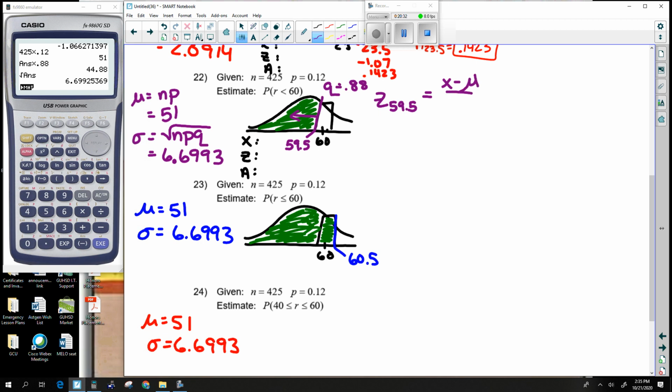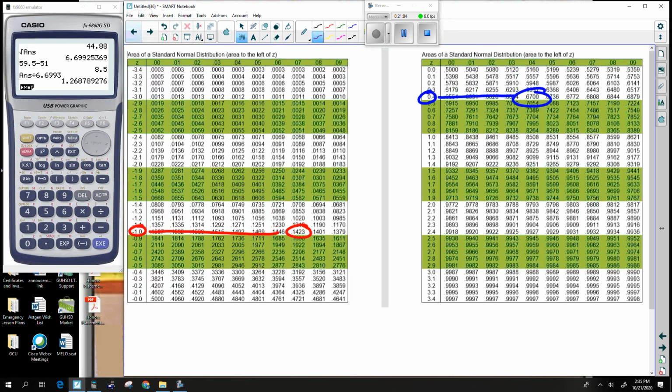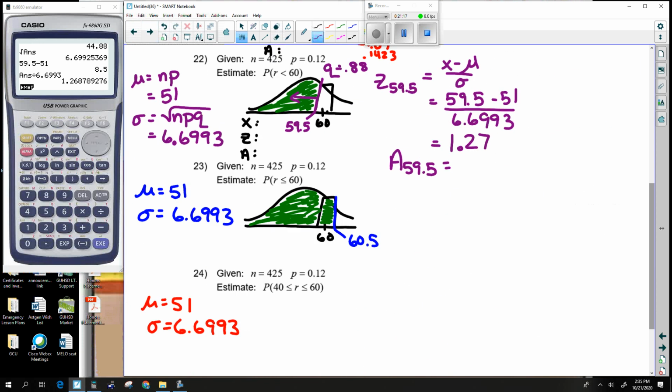Z of 59.5. That is the area to the left. That is exactly what I wanted. So that's my answer.